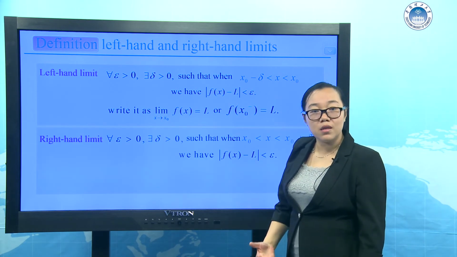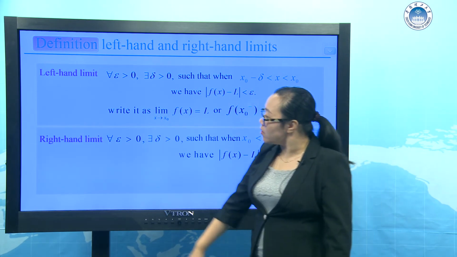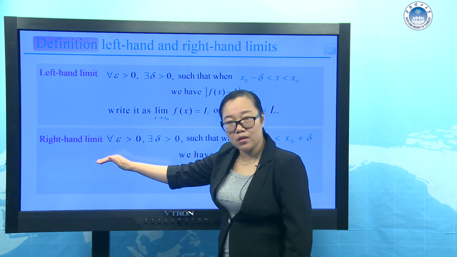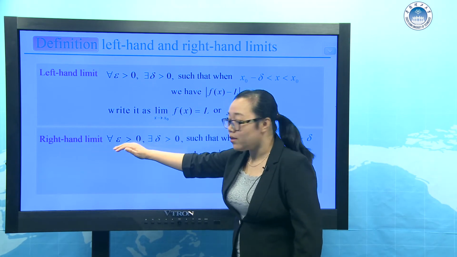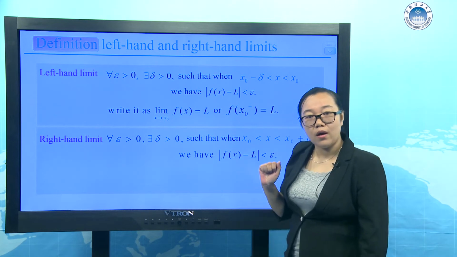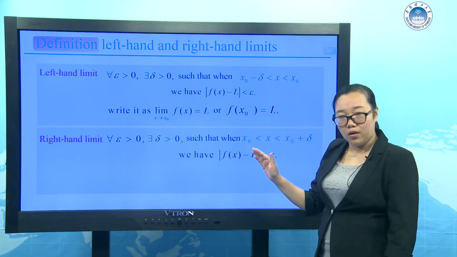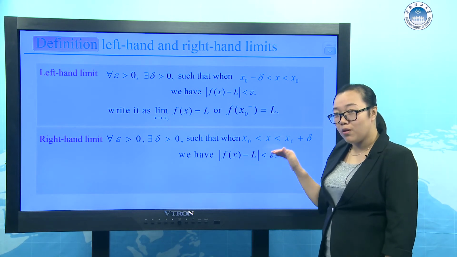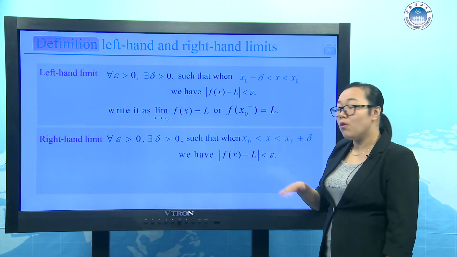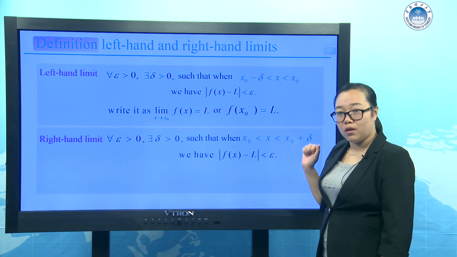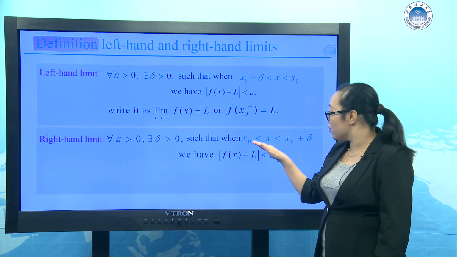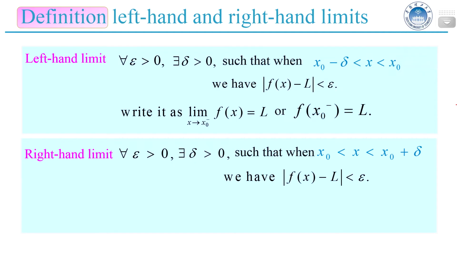In a similar way, we have the definition of the right-hand limit. For any epsilon greater than 0, there exists delta greater than 0, such that if x is changeable in the right neighborhood of delta, x larger than x0 and less than x0 plus delta, we have this expression.